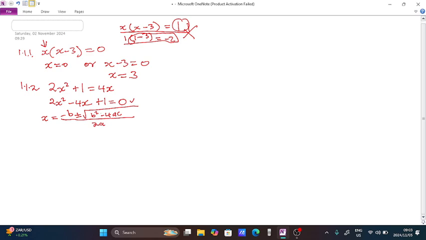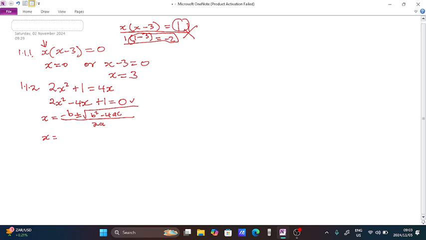The formula is on the formula sheet, and you must make sure that you write it down.